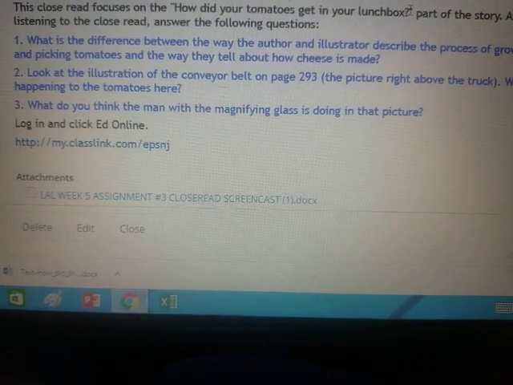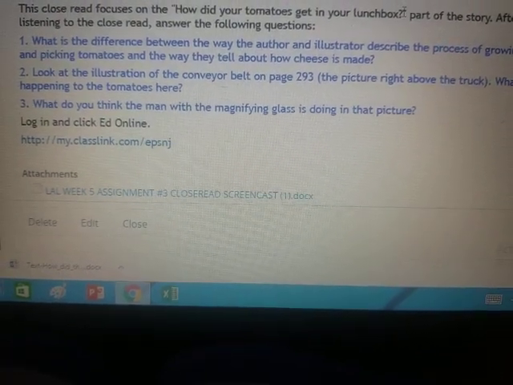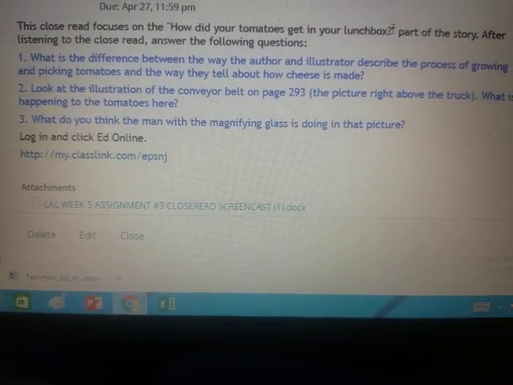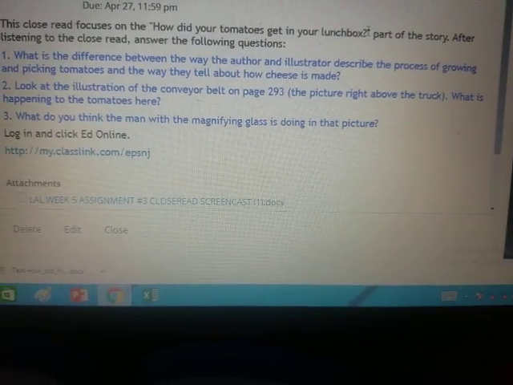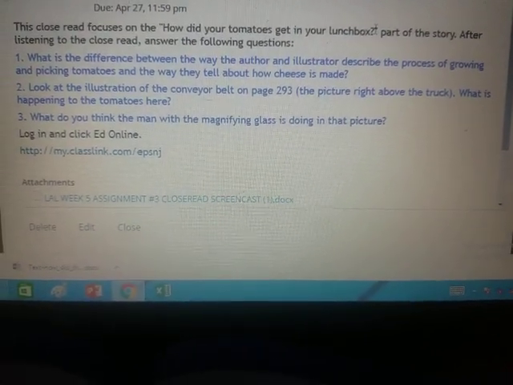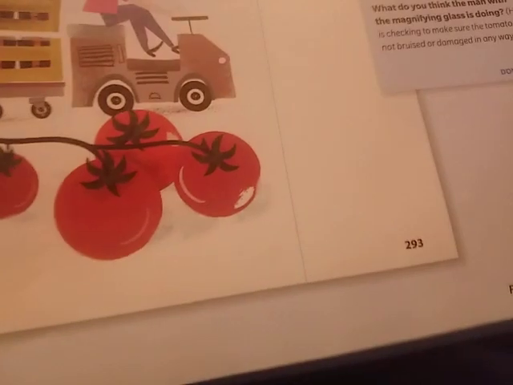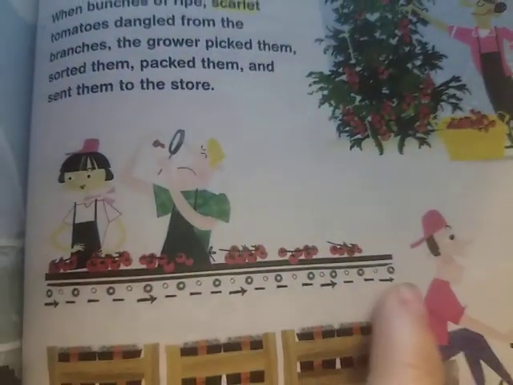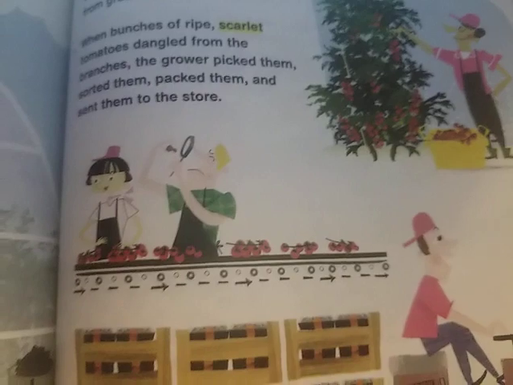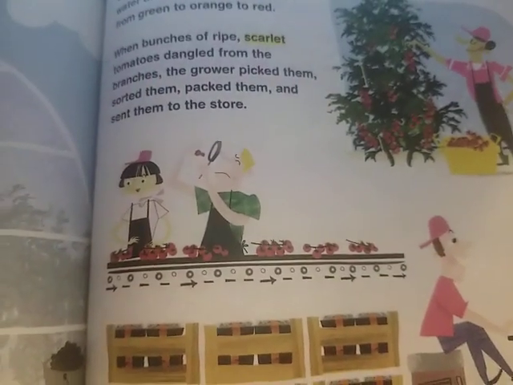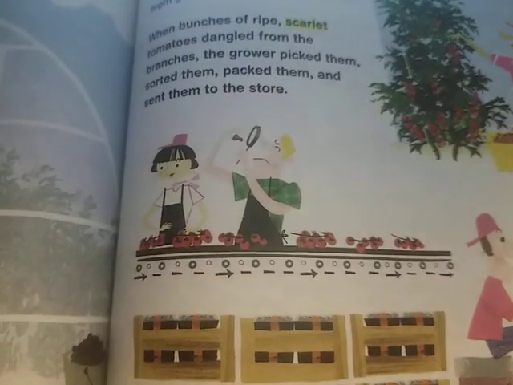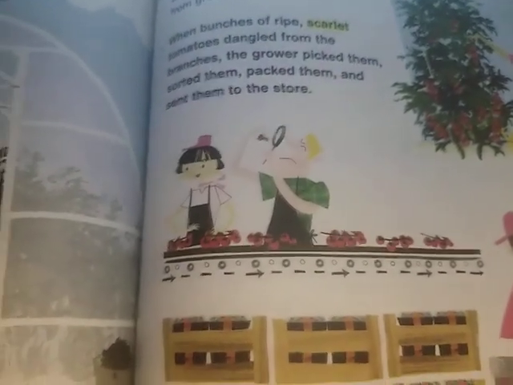Question number 2. Look at the illustration of the conveyor belt on page 293. It's the picture above the truck. What is happening to the tomatoes here? So here's page 293. The conveyor belt is above the truck. So as you can see, this is the truck. A conveyor belt is right here. You might see a conveyor belt at a supermarket when you're buying your food and it's going to the cash register. It's that black rubber part that moves your food to get closer to the register.